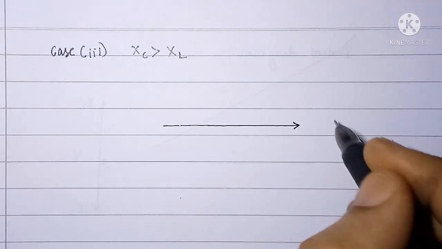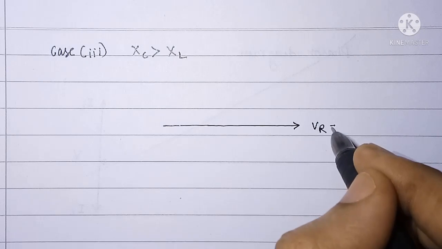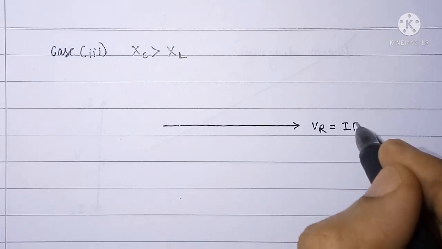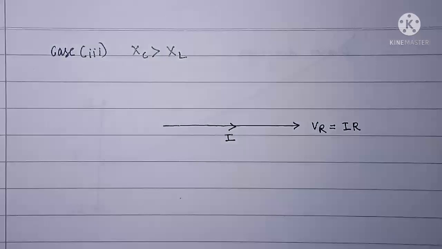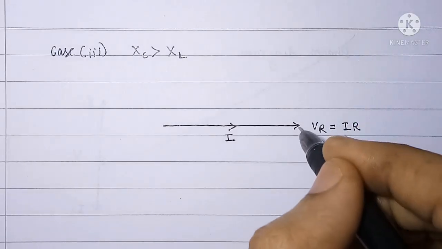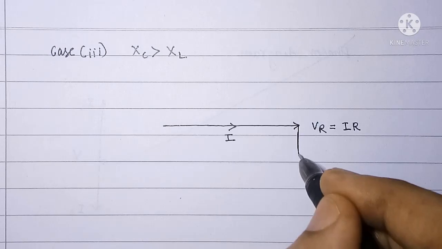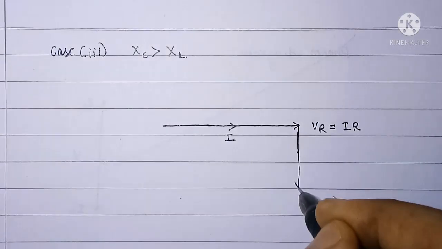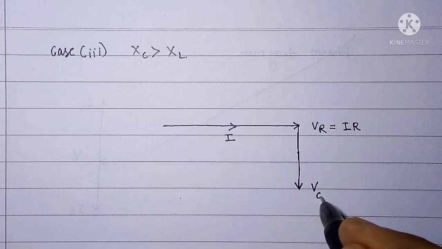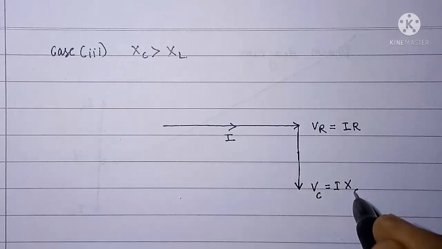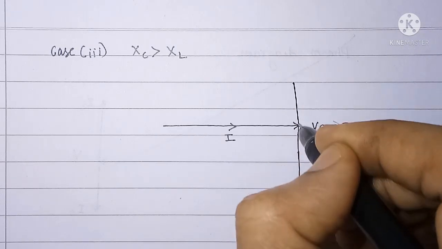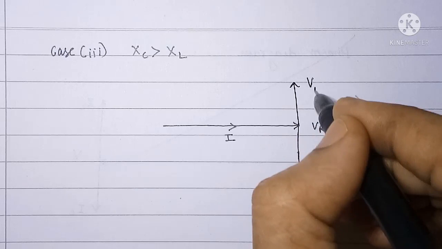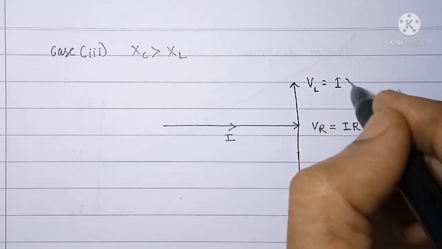Here also we will take voltage across resistor as reference. Current through resistor and voltage across resistor will be in phase. But this time we are considering VC equal to IXC greater than VL equal to IXL.